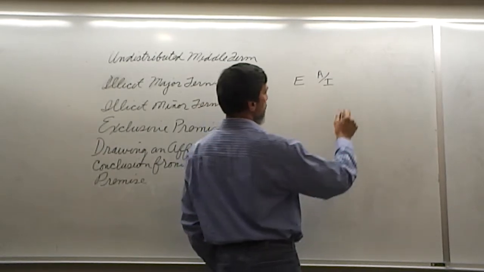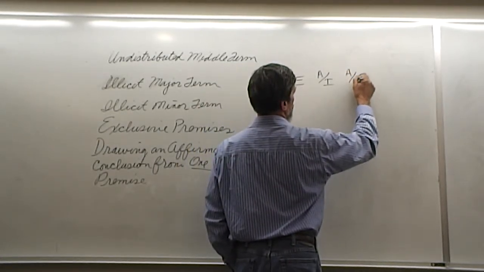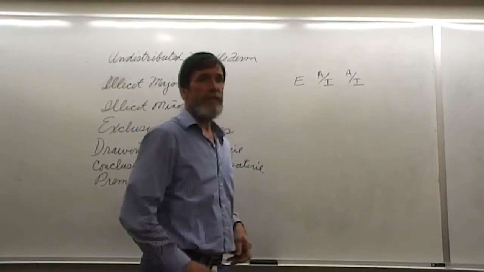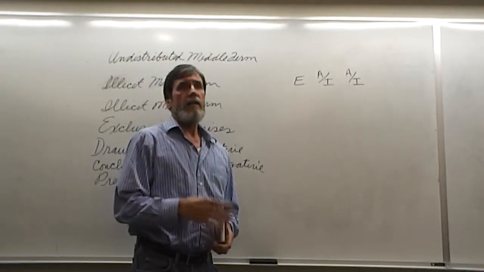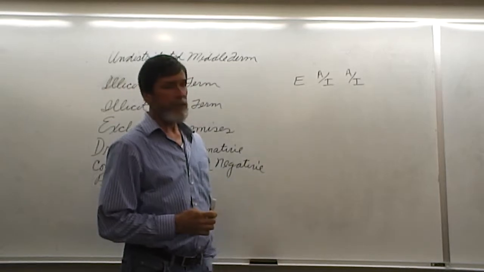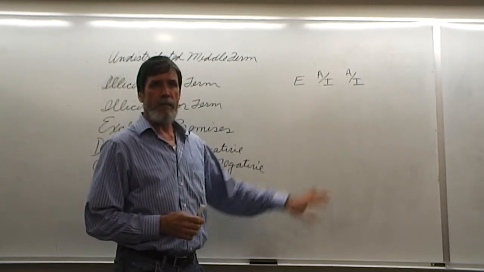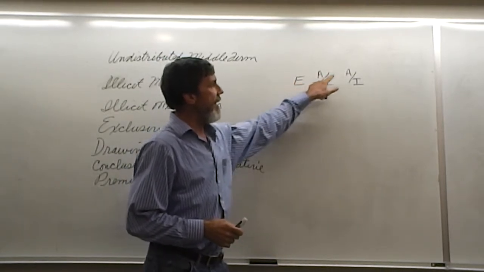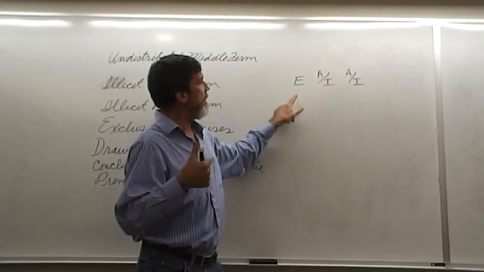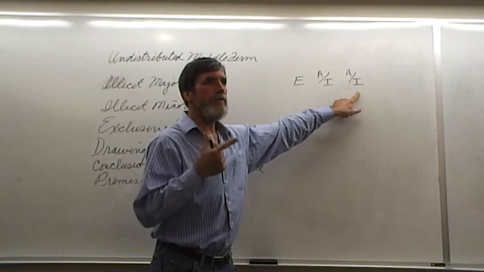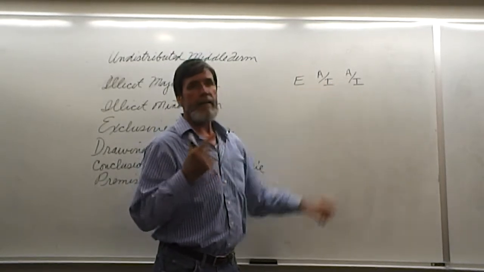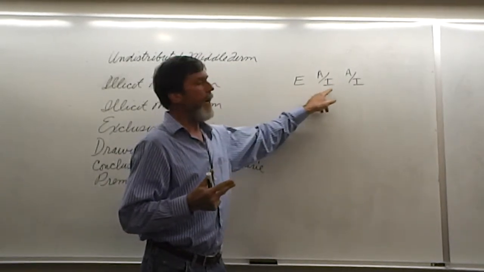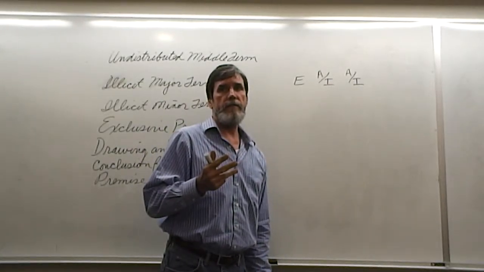And if the conclusion is either an A or an I, that would be affirmative. So how many moods are represented in the shorthand method? EAA, it's one. EAI, that's two. EIA, that's three. EII, that's four, in this shorthand method.